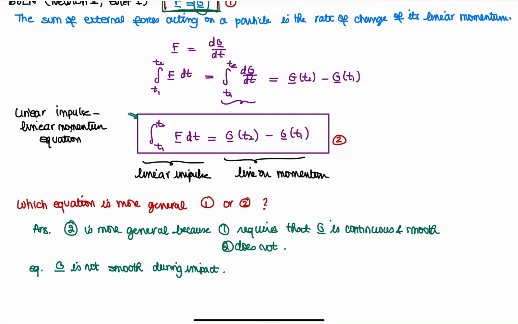If for example, I have a ball that's bouncing on a surface, when the ball is impacting the surface at this instant here, the ball has a sudden change in its velocity. Its acceleration is not well defined. The acceleration being the derivative of the velocity, a non-smooth quantity, is not defined.